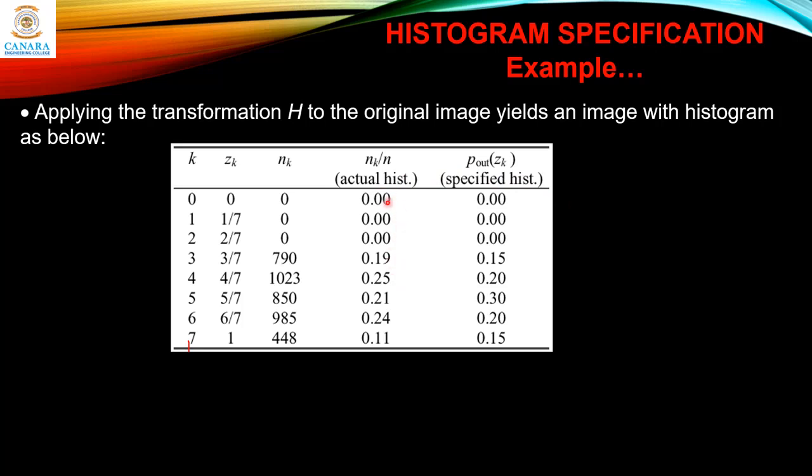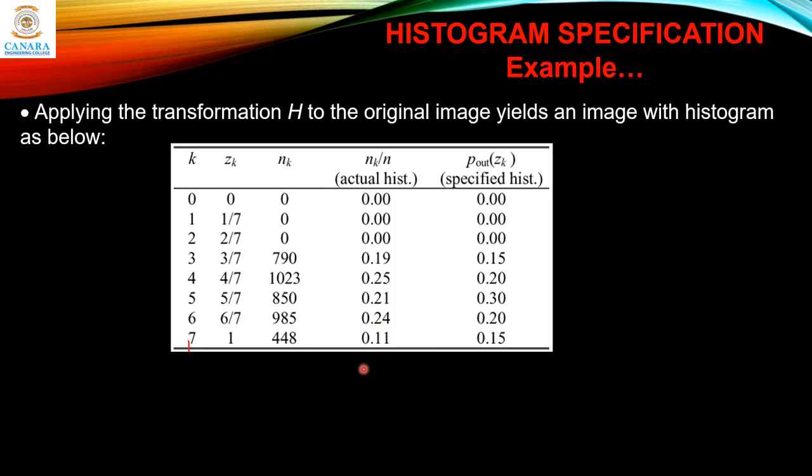Okay, this was specified, this is the actual one we obtained. For the first one, we didn't get exactly 0.15, but we got 0.19, that is fine. We were supposed to get 0.2 for 4, we got 0.25, that is nearby. And 0.3 was specified, we got 0.21, so here there is a bit of difference, fine. And 0.2 was specified, we got 0.24, and 0.15 was specified, we got 0.11.